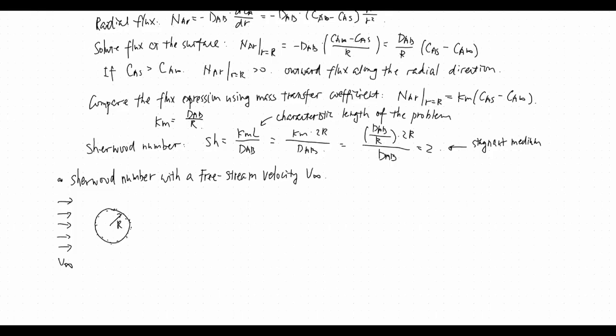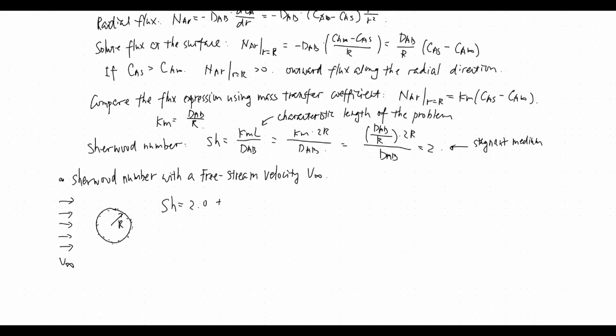In this case, our modified Sherwood number would be 2.0, which comes from the previous derivation, plus a correction term.